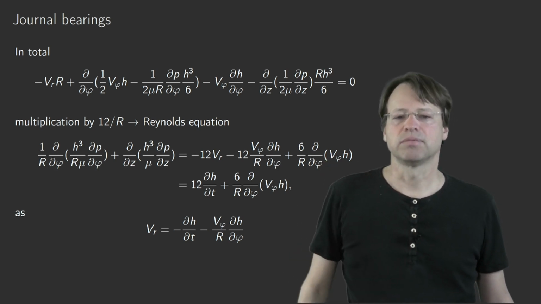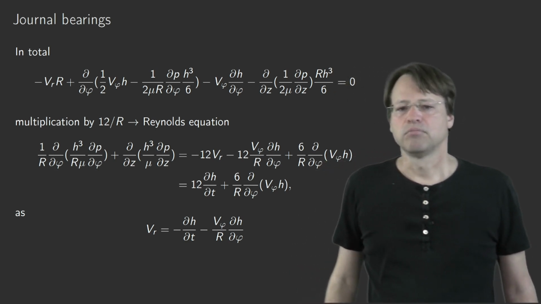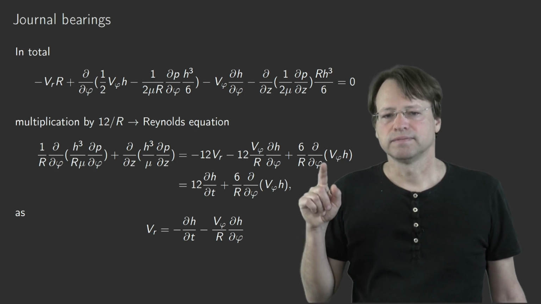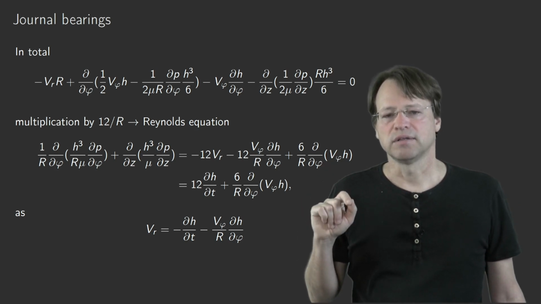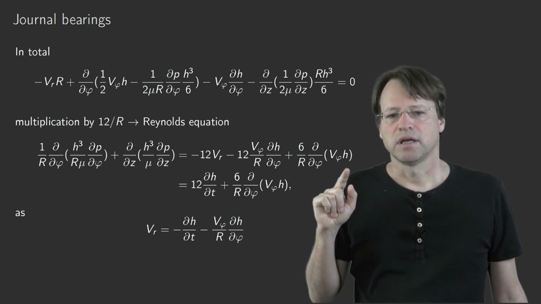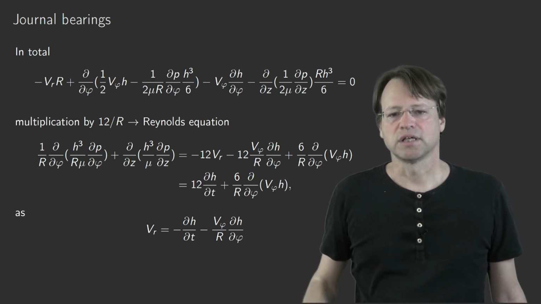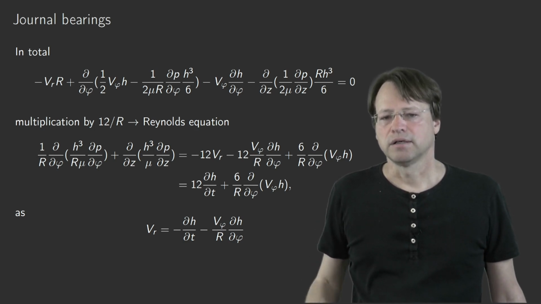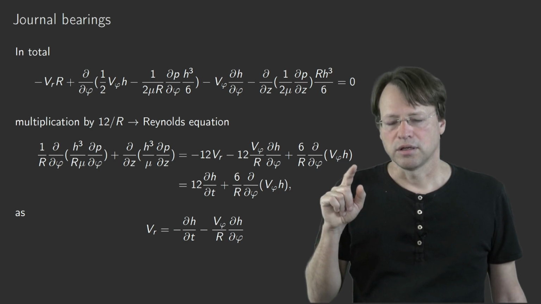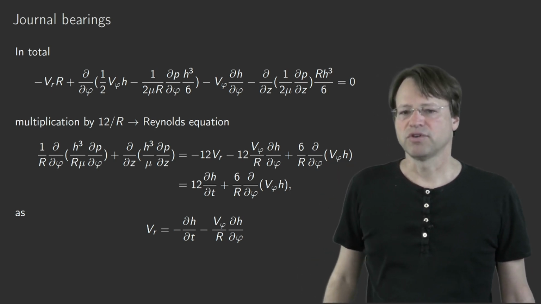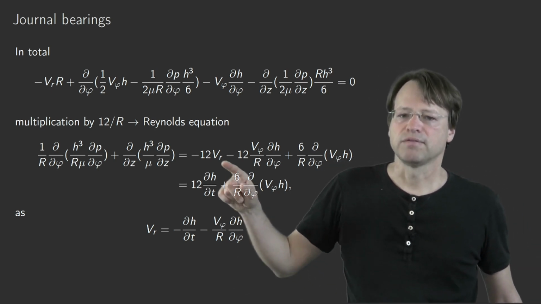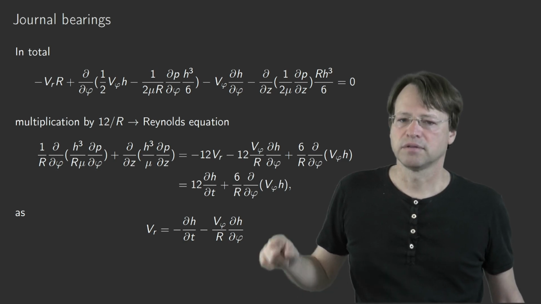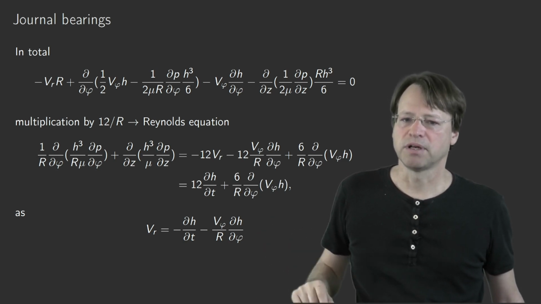Observe that we have to apply here the product rule, dv phi d phi. And we have another 6 d v phi dh by d phi. Here we have minus 12 v phi r dh by d phi.